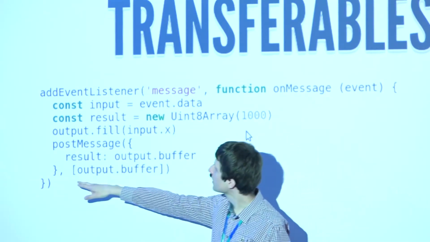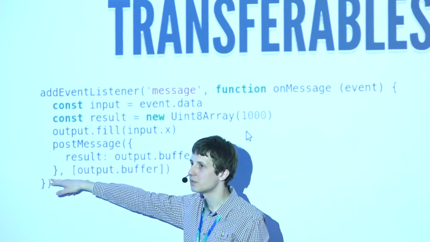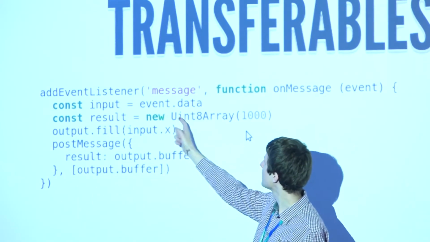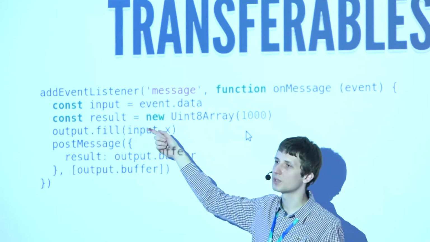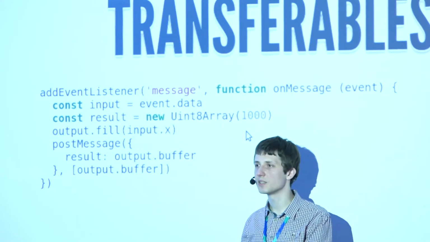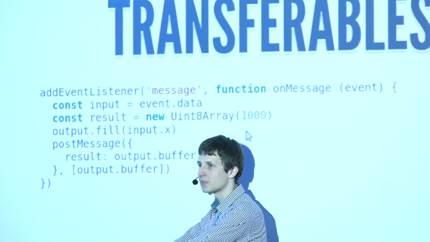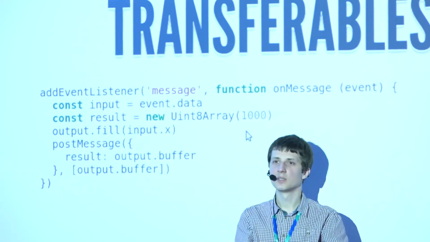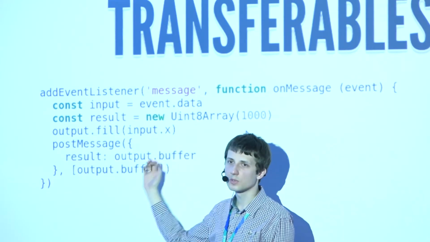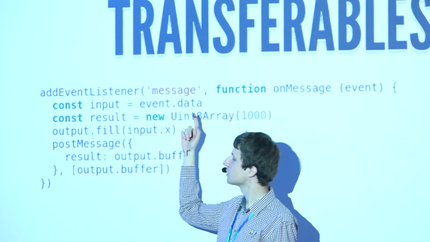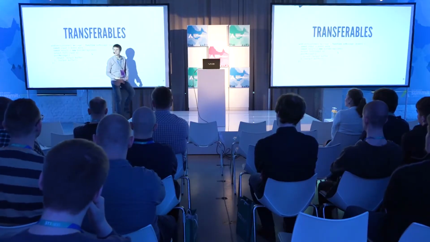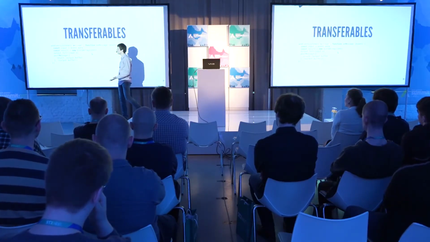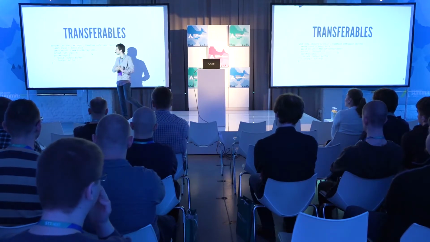That means that if I put here something that would try to print what is in my array, it would turn out that my array is empty because the data vanished. It was actually taken from that thread and given to the main thread, and the ownership changed, so this array lost the data because it was taken away from it.